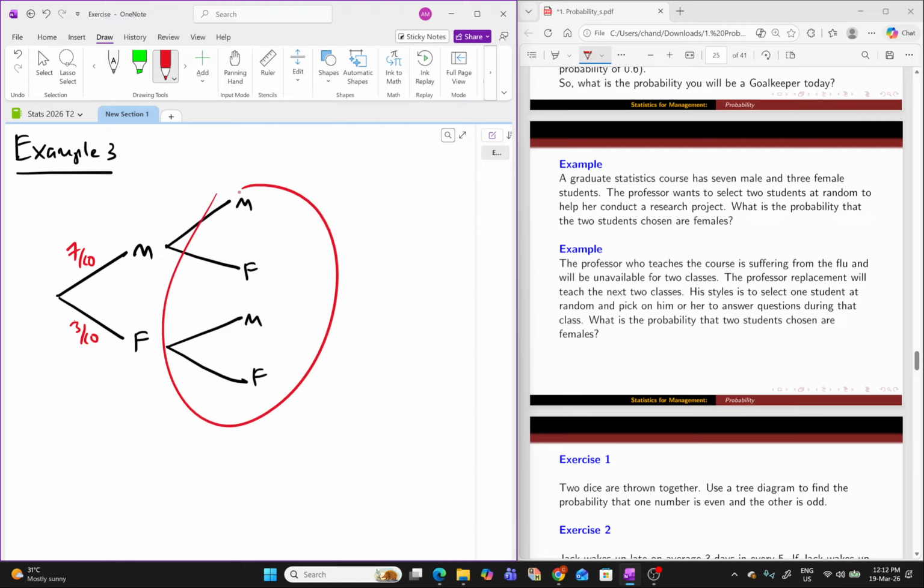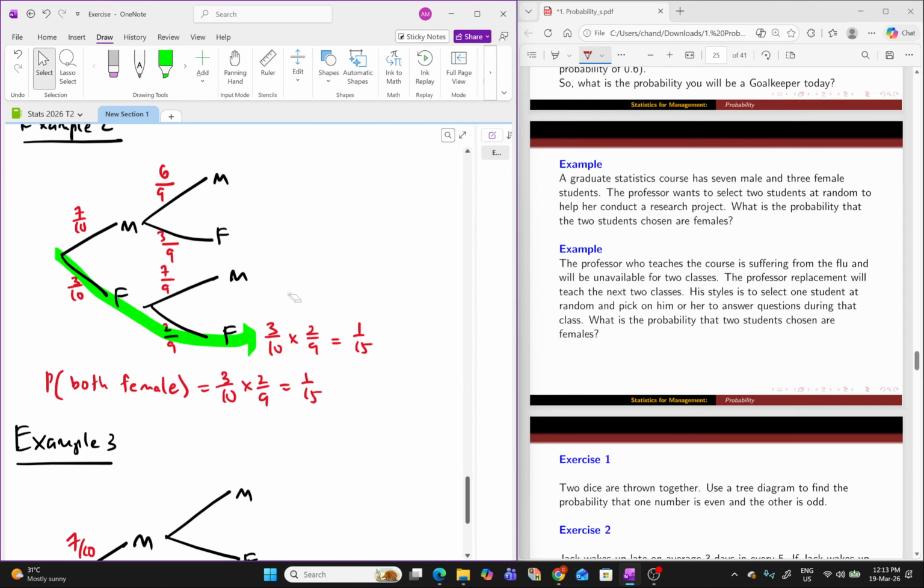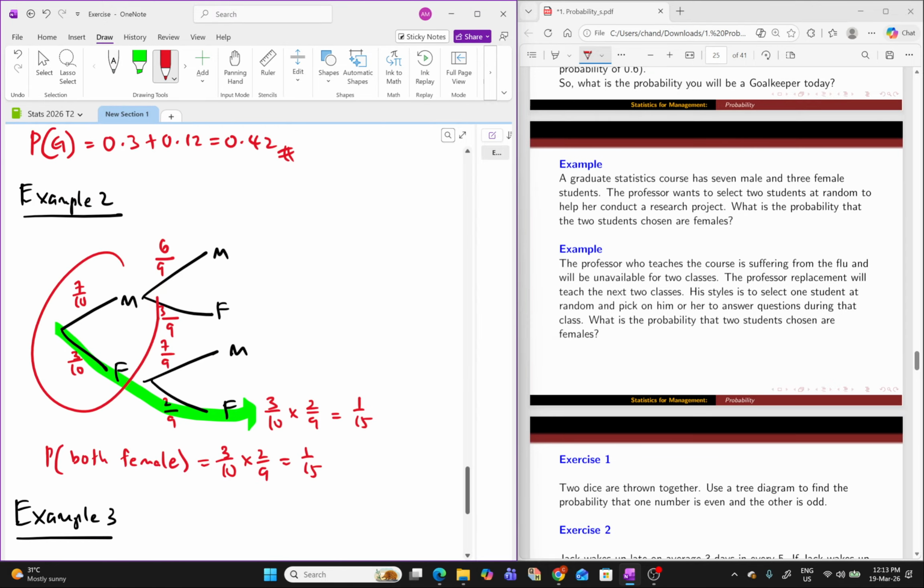Now the second class, the same student can answer in the second class. Like here, if one male came out, here you have to reduce. Let's say 7 males. Inside here there's Ali. Ali is chosen as first male, so you have to reduce, left is 6 males only.